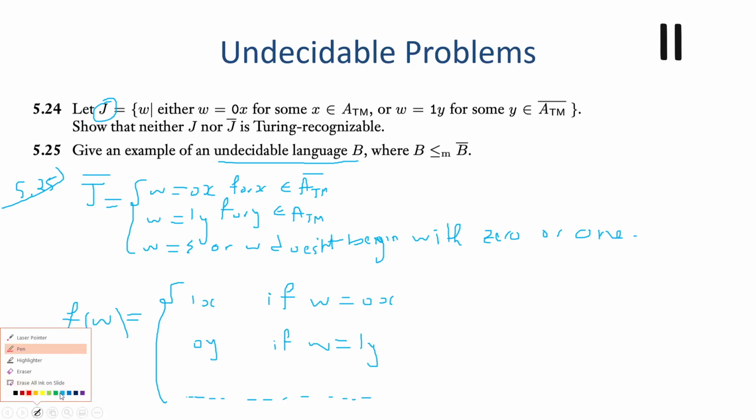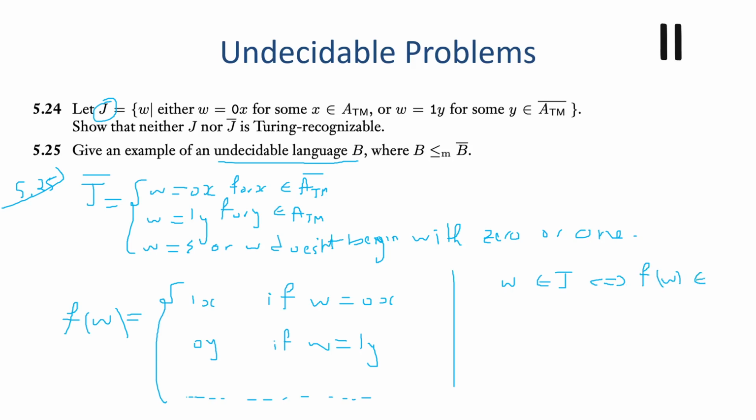But the harder part in this case is the following. How can you prove that w belongs to J if and only if f of w belongs to J complement? How could we do that? Well, break it down into two parts. First, if w is in J, does that mean that f of w is in J complement, and if w is not in J, does that mean that f of w is not in J complement?